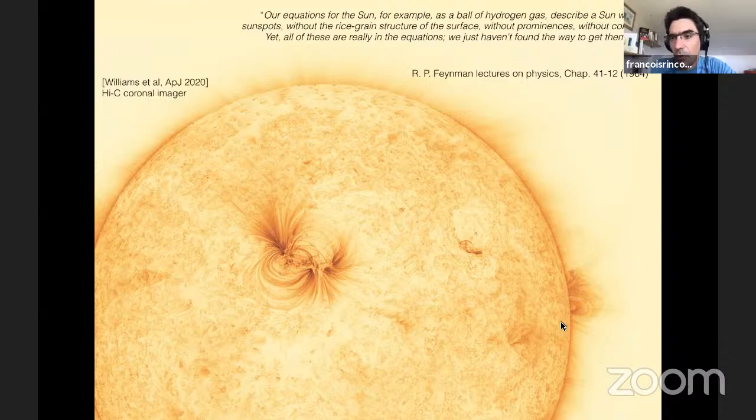And if I give you the equations of MHD in general, or some basic physics equations, and I ask you, what can you get out of these equations? If I ask you to predict what the sun is going to look like just from these equations, what would be your guess? Your guess would be very simple, because if you take fluid dynamics equations, the first thing you do is hydrostatic equilibrium, and you would find that there is pressure, there is gravity, and this big ball of gas is going to get into some kind of equilibrium.